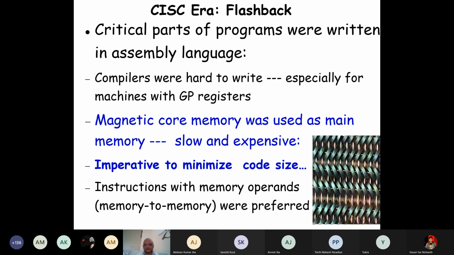So the program size needed to be small to be able to fit into the core memory and also to reduce the fetch time of the instructions. And therefore, the processor designers supported memory to memory addressing modes, where the operands are also in memory and the destination is memory.